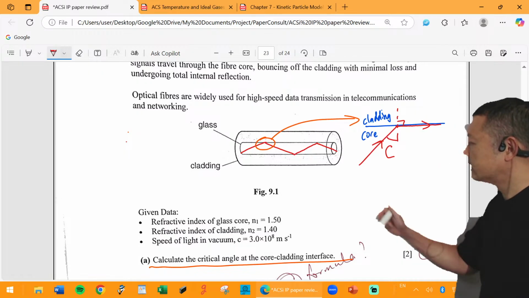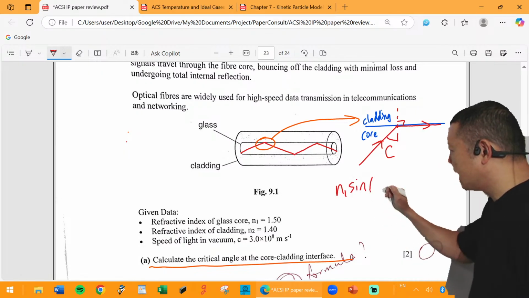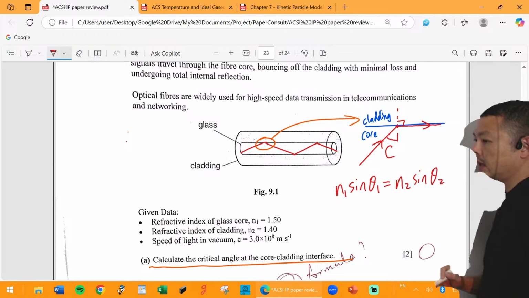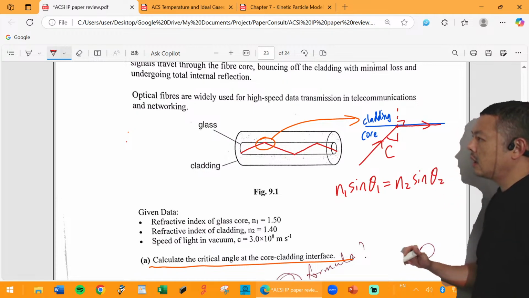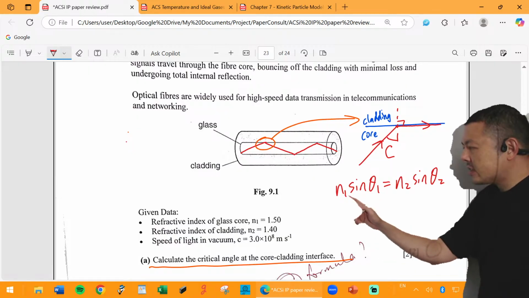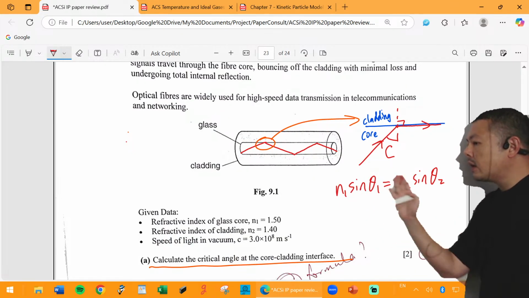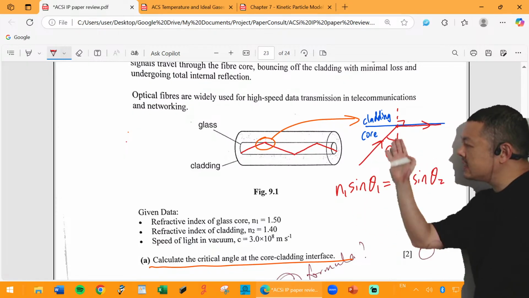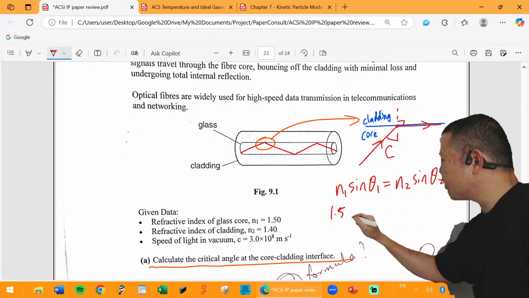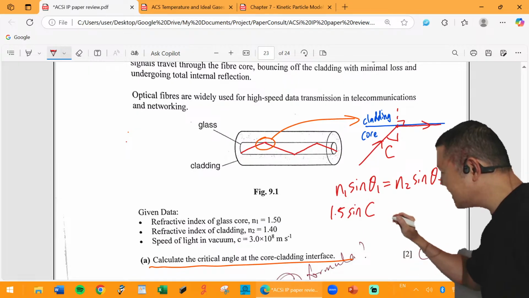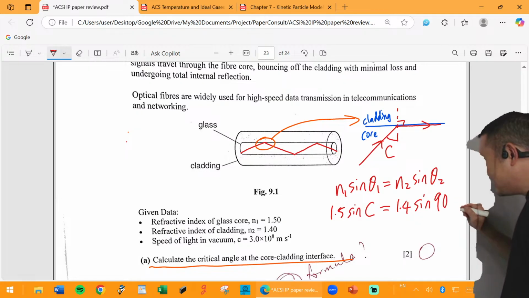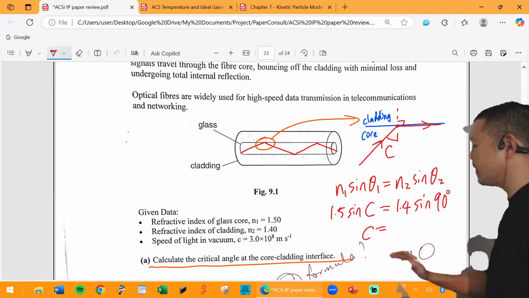So then we use n1 sin θ1 = n2 sin θ2. It doesn't matter whether 1 or 2 is the core or the cladding, you just choose one. So if, let's say, 1 is the core, then we say 1.5 sin C = 1.4 sin 90 degrees. Then you find C. That will be your answer.